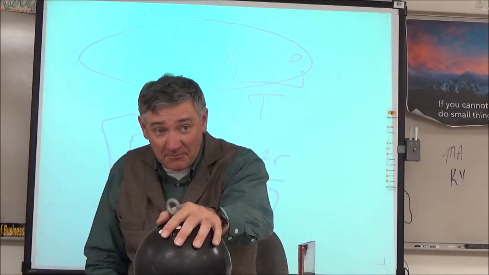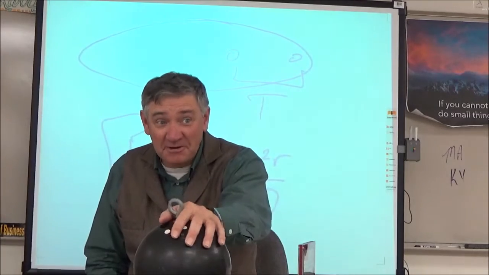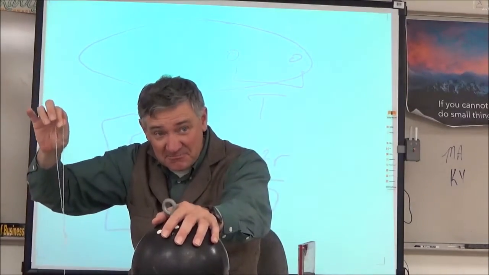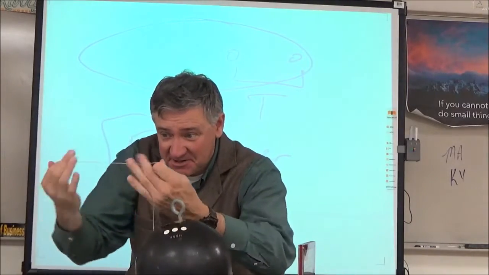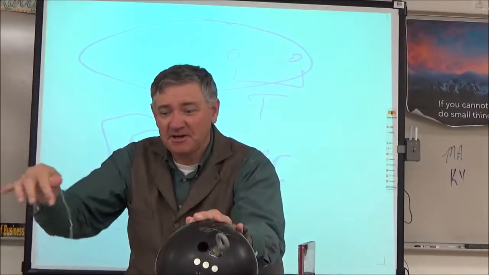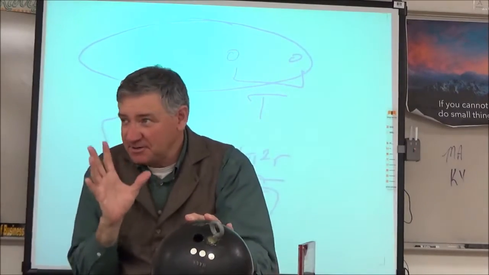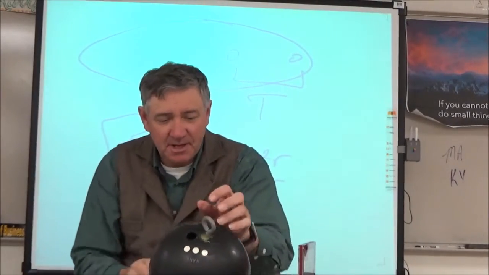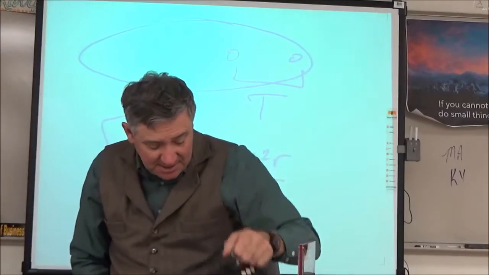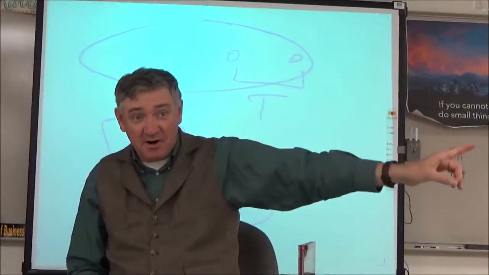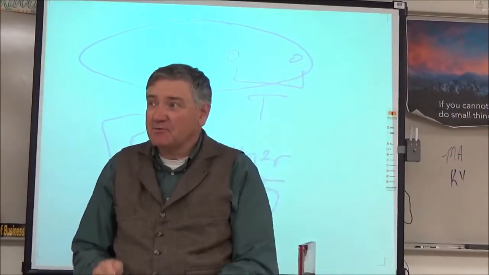I'm more worried about it flying off, because the string isn't very strong, I can just take the string and go boom and break it. So if I tried to swing Hank around, I'm going to exceed that limit pretty quickly. And once that limit gets exceeded, bad things are going to happen, and it's going to go off in a straight line tangent.